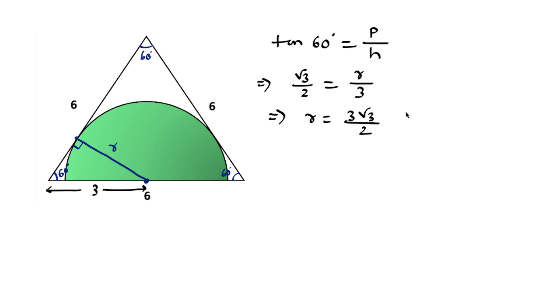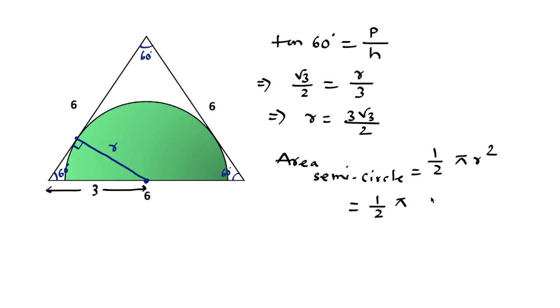Okay, radius is this. If we have the radius, we can calculate the area of the semicircle. We can write the area of this semicircle as 1 by 2 pi r square, that means 1 by 2 pi times 3 root 3 upon 2 whole square, and that can be 27 upon 4.